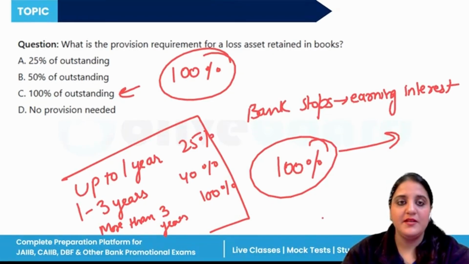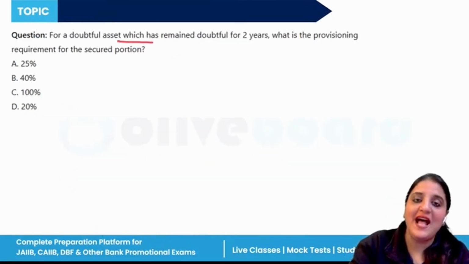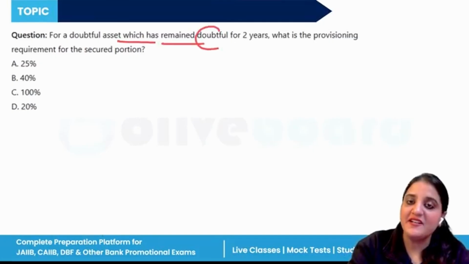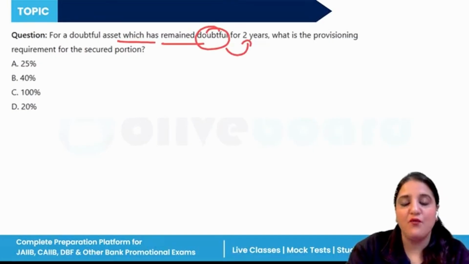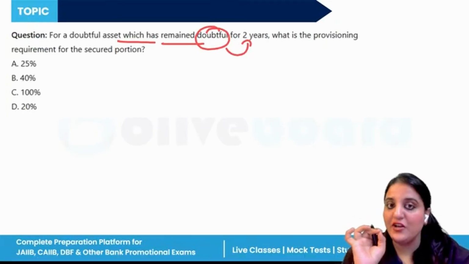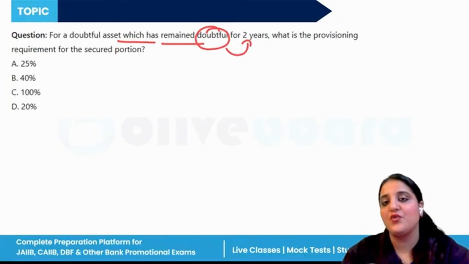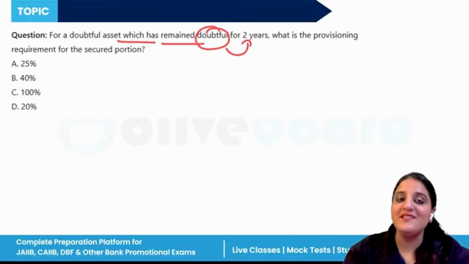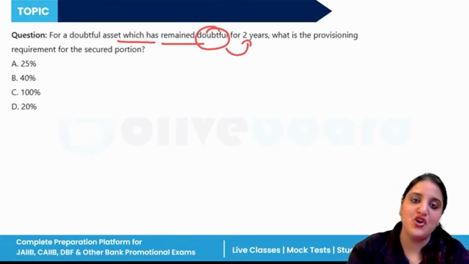Got it? Now, for a doubtful asset which has remained doubtful for 2 years, what is the provision requirement for the secured portion?